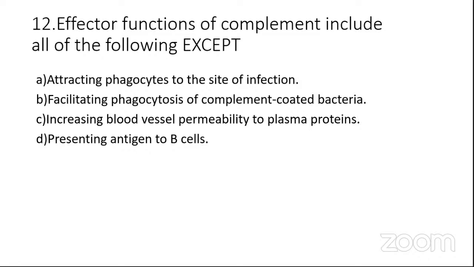Effector functions of complement include all of the following except: attracting phagocytes to the site of infection, facilitating phagocytosis of complement-coated bacteria, increasing blood vessel permeability to plasma proteins, presenting antigens to B cells.